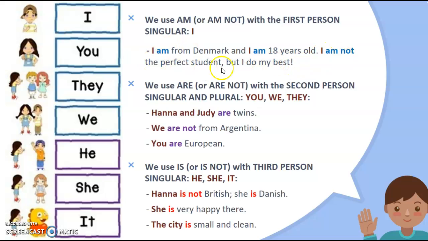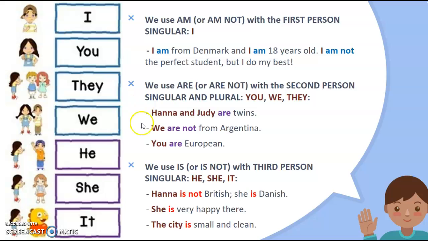I am not the perfect student, but I do my best. Here we have the verb to be am in the negative form, and we form the negative just by adding not after am.